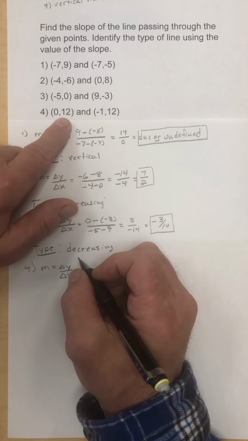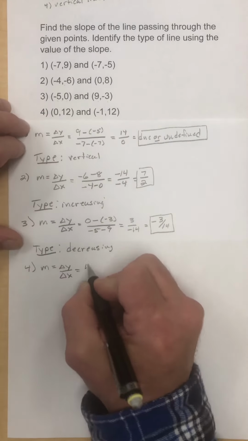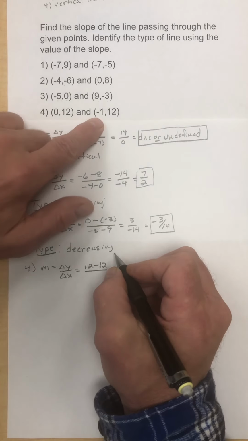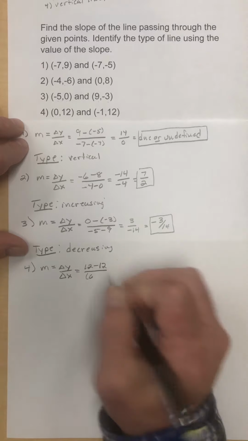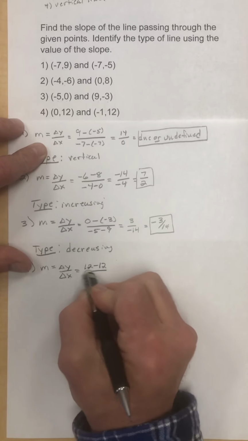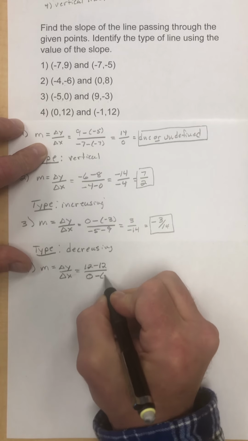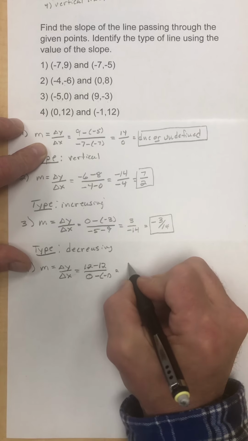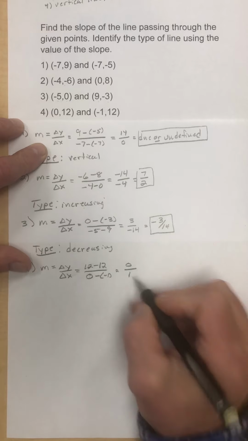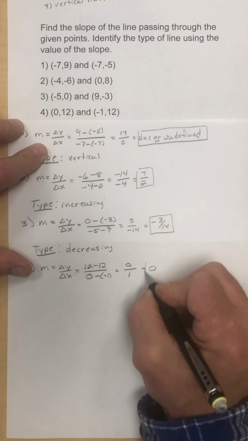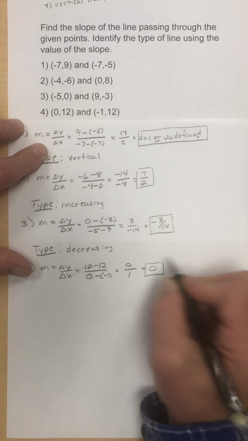So delta y would be 12 minus 12, and delta x would be 0 minus negative 1. So notice I'm going to get 0 over 1. And when 0 is in the numerator of a fraction, it's equal to 0. So my slope here is 0.